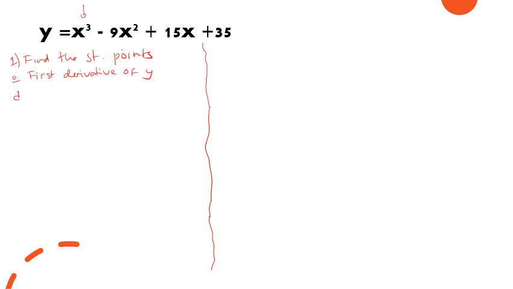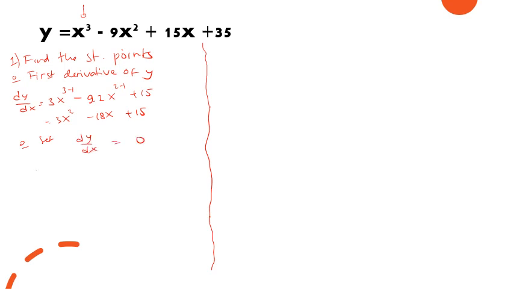dy/dx is 3x^(3-1) minus 9 times 2x^(2-1) plus 15. So that will be 3x squared minus 18x plus 15. Then set dy/dx equal to 0.